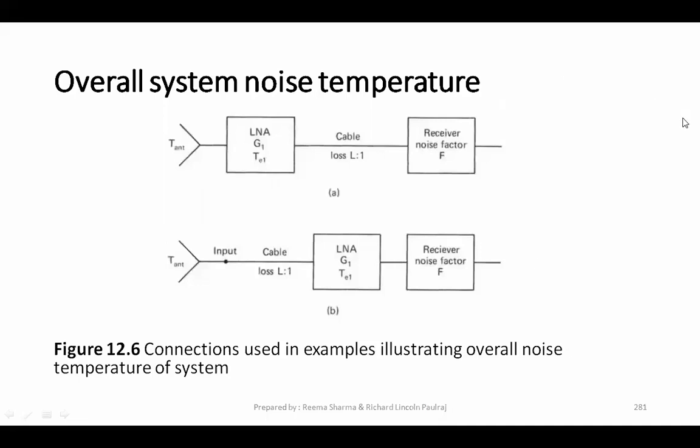As we see in the figure here, the loss which is after the amplification is better. If we put the loss in the initial stage, then the loss is also amplified, which means the loss becomes higher. Let us see this in the example.